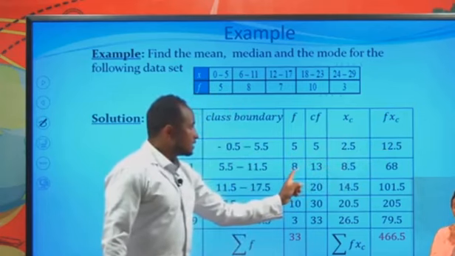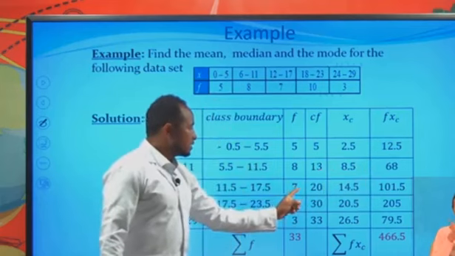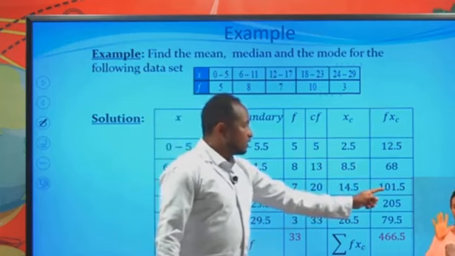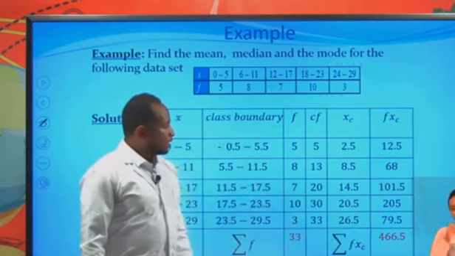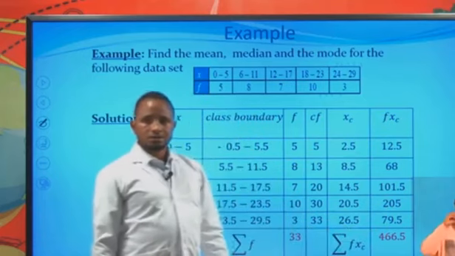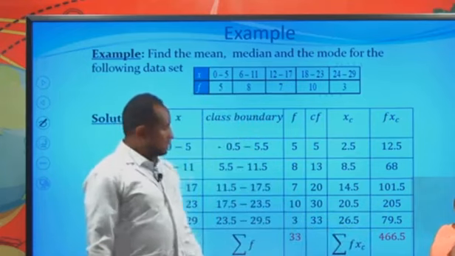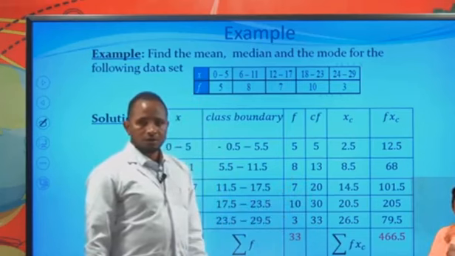For the second class, 8 times 8.5 is 68. For the third class, 7 times 14.5 is 101.5, and so on. Do the same for the rest. When you add these, you get 466.5. Please check the numerical value of this at the end of the lecture.